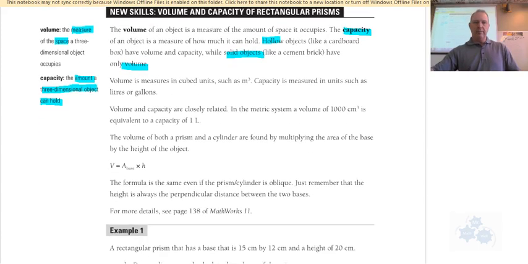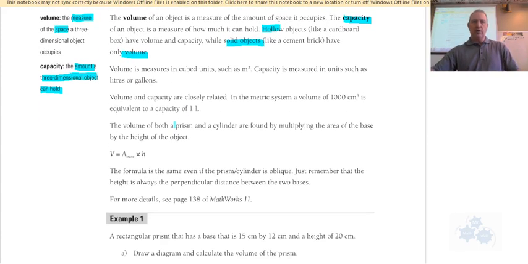Okay, so the volume for both a prism and a cylinder. A prism, like this one right here, this is a cube, a square prism, and here's a cylinder. The formula for the volume is actually pretty easy.